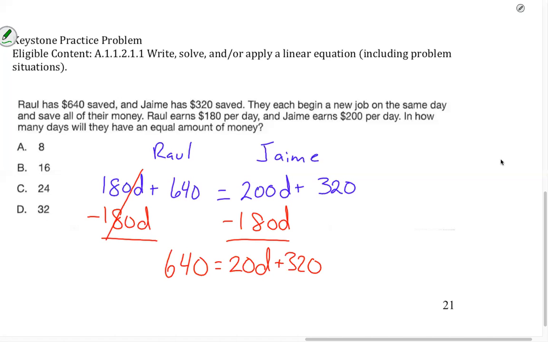Angela, what do I need to move here? 320. So I'm going to subtract 320 from both sides. And that gives me 320 equals 20D.